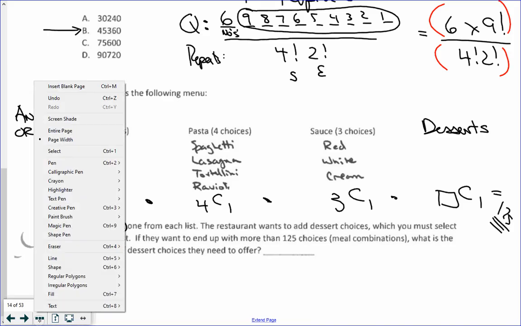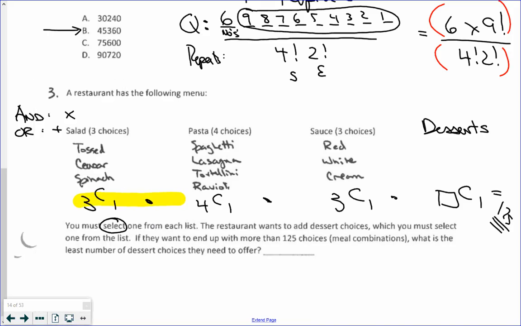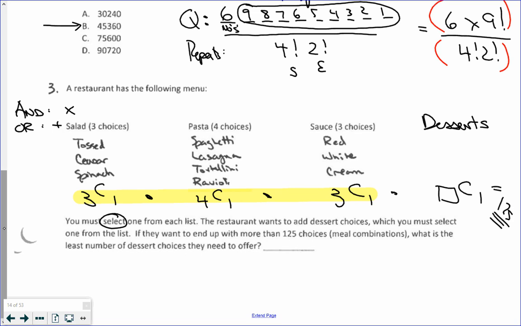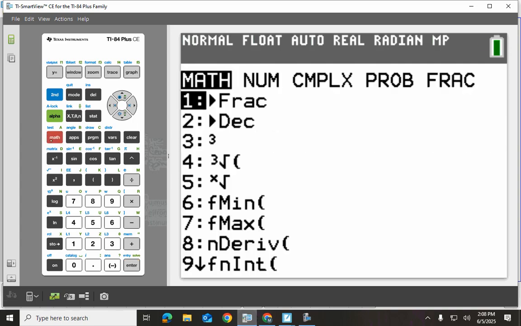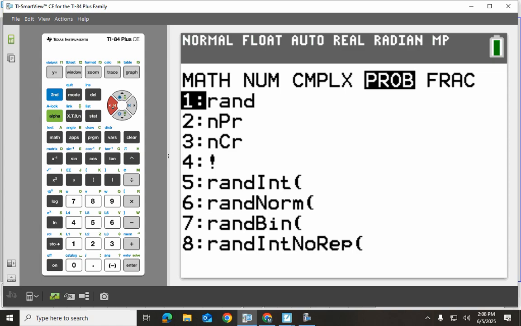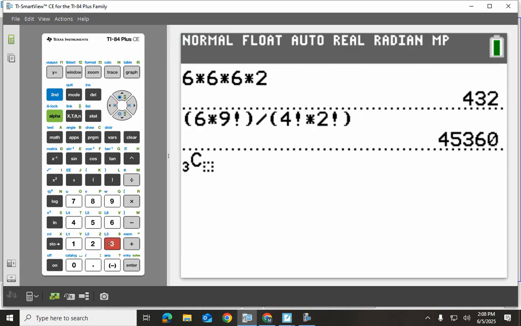So let's plug this into our calculator. Just that part. So how you do it, it's a pain in the butt to plug in, but you go 3, math, probability, and this time you pick number 3.